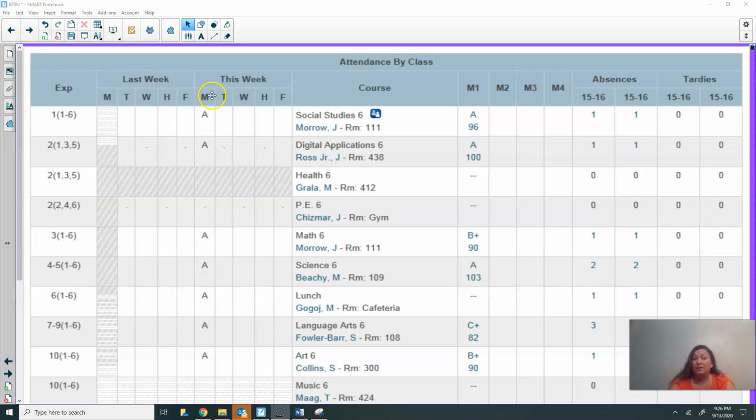So, for example, this says social studies, and you can see a grade, digital applications, math, science, and so forth. So you can see the grades and the percentage your child has. Now, if you click on these individual grades, percentages, you will be able to see the assignments. So let me show you what that looks like.